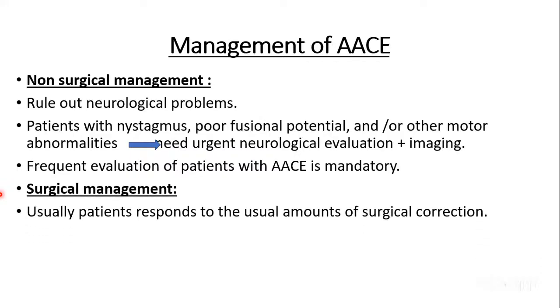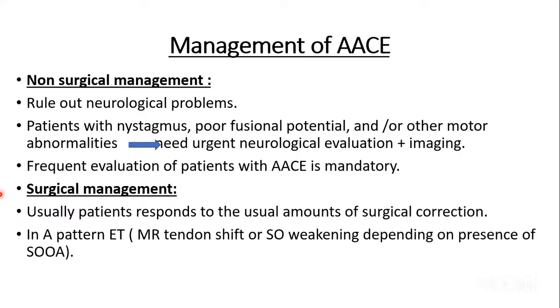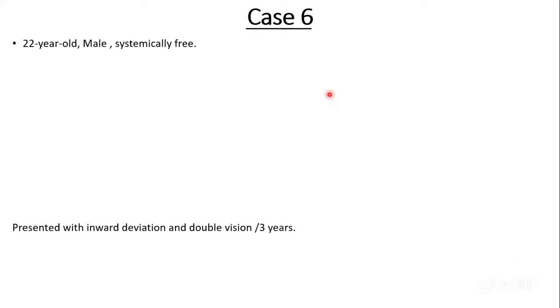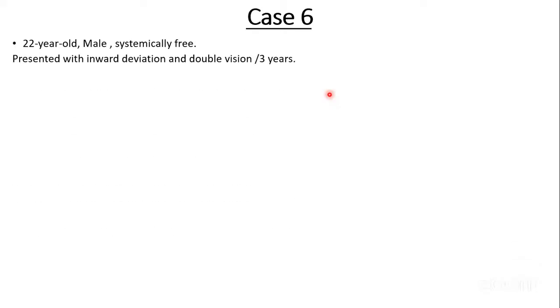Surgical management after having stable alignment, then you might go for bilateral medial rectus recession. I will show you one case now. So this is a case of a 22-year-old male, systemically free, presented with inward deviation and double vision since 3 years.